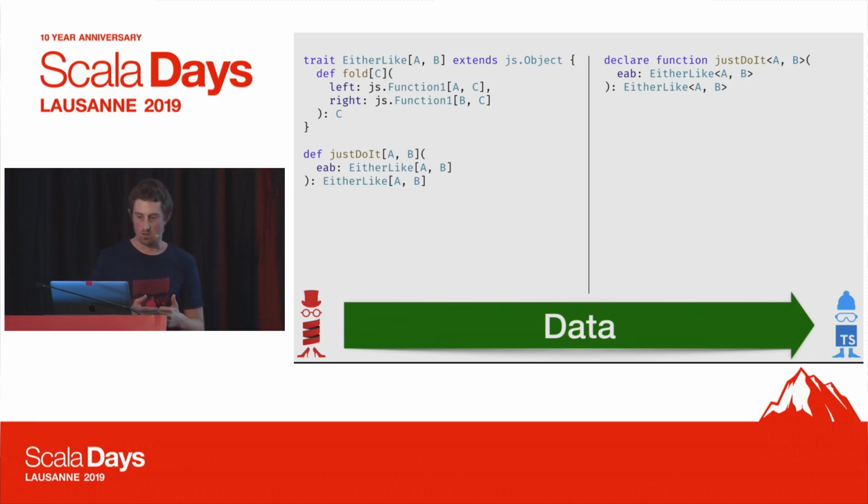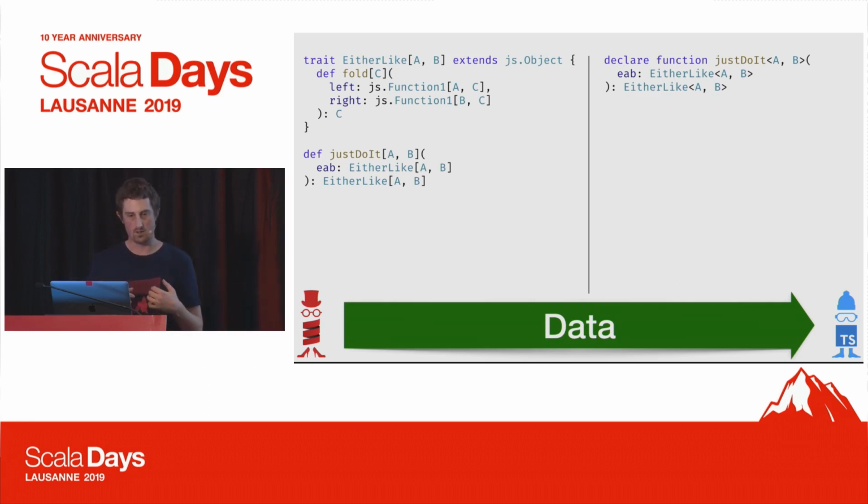One problem we kept coming across was needing to pass types like either across from Scala to TypeScript, and because ScalaJS only emits JavaScript methods and things for types that have been annotated, you don't get it for something like either.